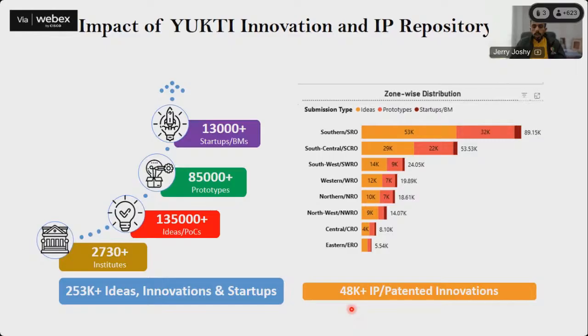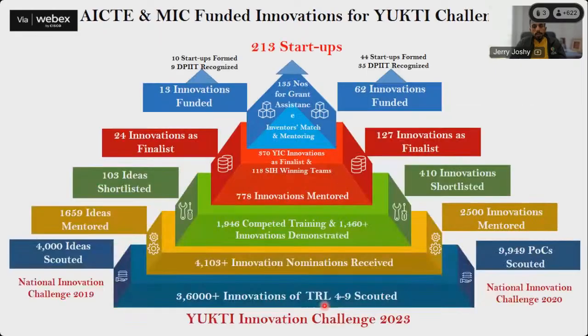In total, we also have 48,000 plus IPs or patented innovations in the Yukti Innovation and IP repository, because IP is a component we have recently enabled inside the portal within the last 1 or 2 years only. So these are some of the impacts of the Yukti Innovation and IP repository.